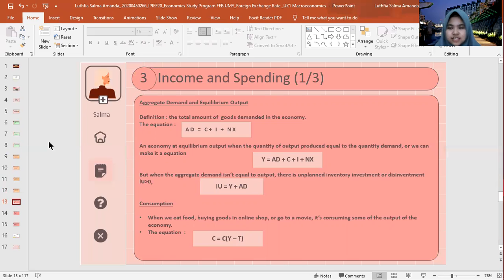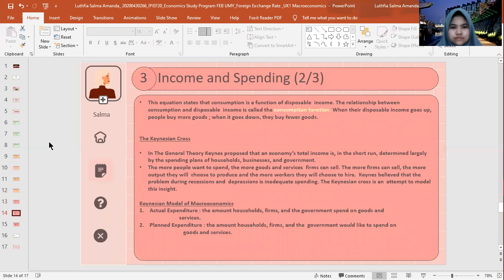The equation is C equals C(Y minus T). This equation states that consumption is a function of disposable income. The relationship between consumption and disposable income is called the consumption function. When disposable income goes up, people buy more goods, but when it goes down, they buy fewer goods.